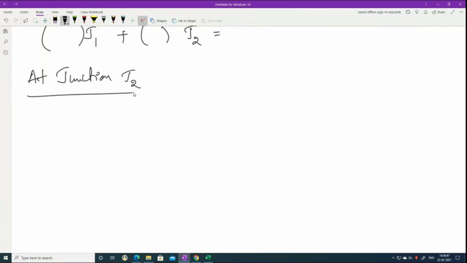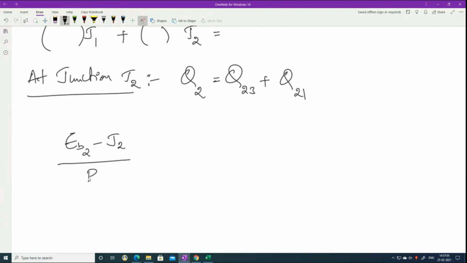At junction J2, Q2 is equal to Q23 plus Q21. So this will be (EB2 minus J2) by RS2, sorry, it should be RS2.